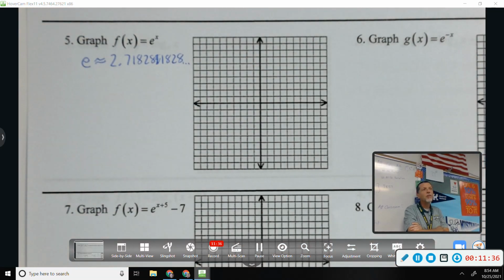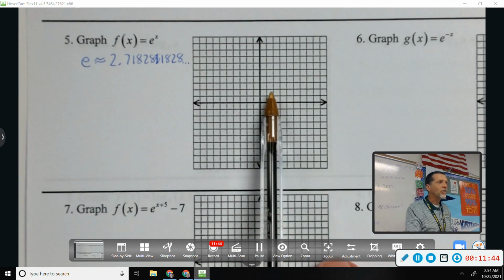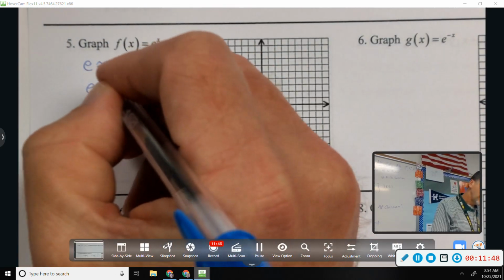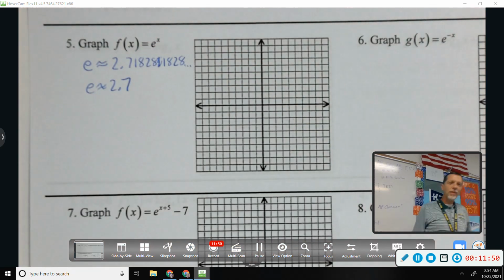But when it comes to graphing, how is 2.7 going to look any different than 2.7, 1828, 1828 on a graph this small? Those are the same thing for a graph this small.